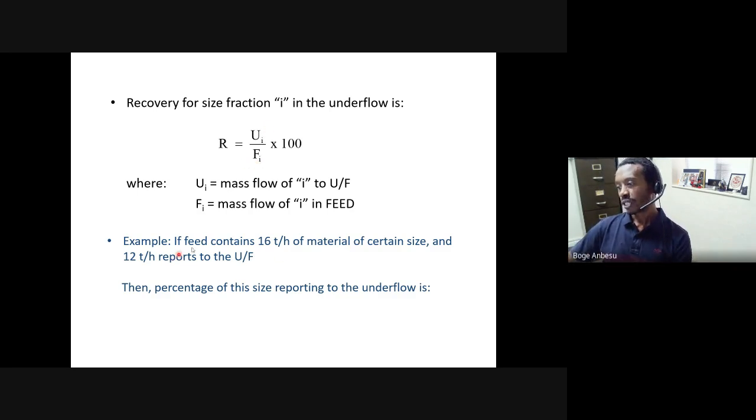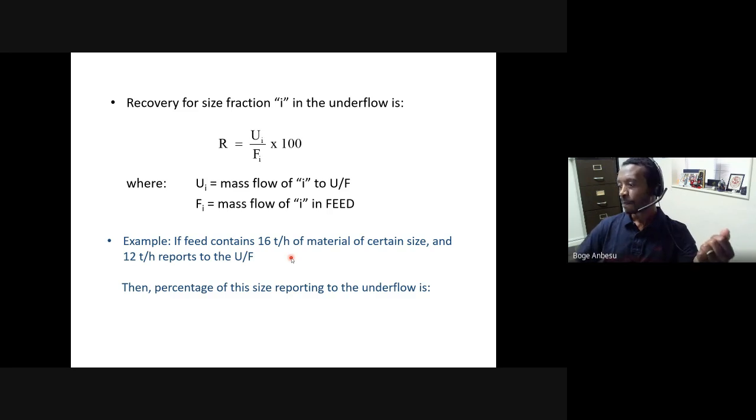Okay, so for example, let's say you have 16 ton per hour material of a certain size in the feed. So maybe you started with 100 ton. Okay, so the feed to the cyclone is 100 ton. Of the 100 ton that's going into the cyclone, maybe 16 ton per hour is 250 micron particle size.